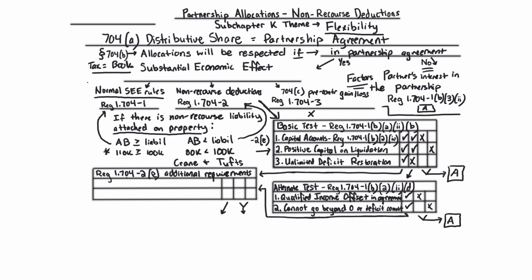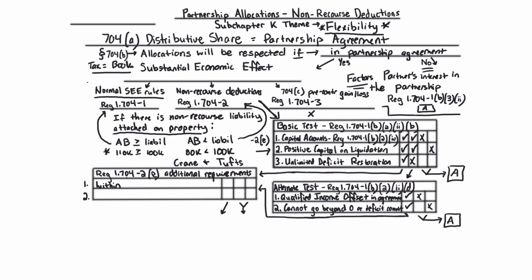Okay, so now let's go to our additional requirements under Reg 1.704-2(e). So we got 2 requirements. The first requirement is an interesting one. I'm going to explain this one in a moment. The allocation for non-recourse deductions, because the idea again is, hey, the lender is bearing the economic risk. Well, now the idea is keeping in mind flexibility.